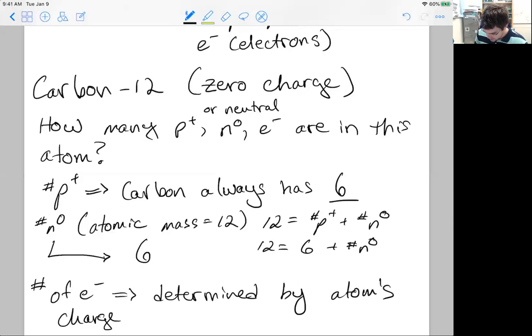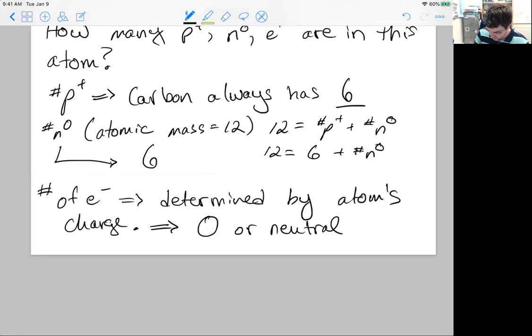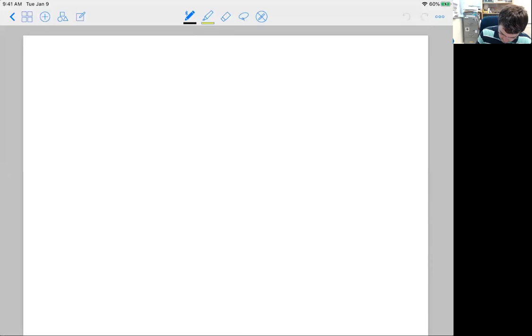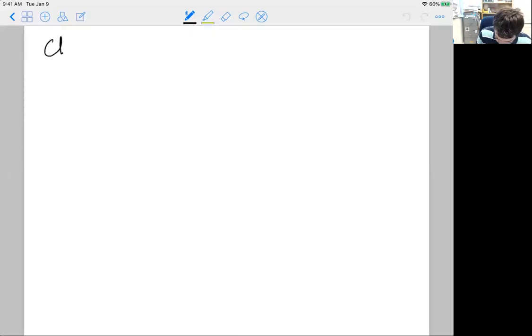Okay, so charge, we said before, was 0 or neutral. I'm going to change the page. The charge is equal to the number of protons minus the number of electrons.